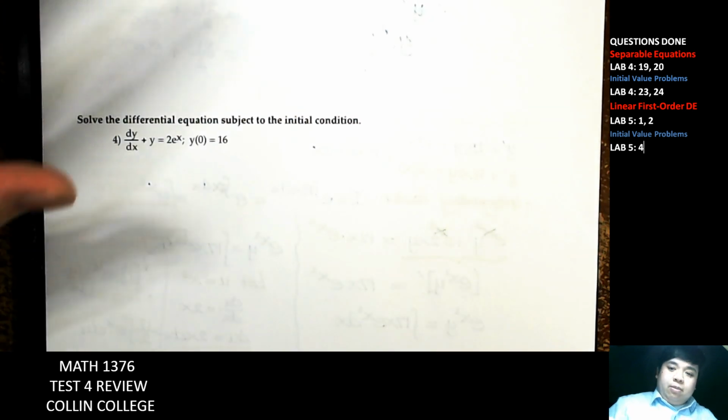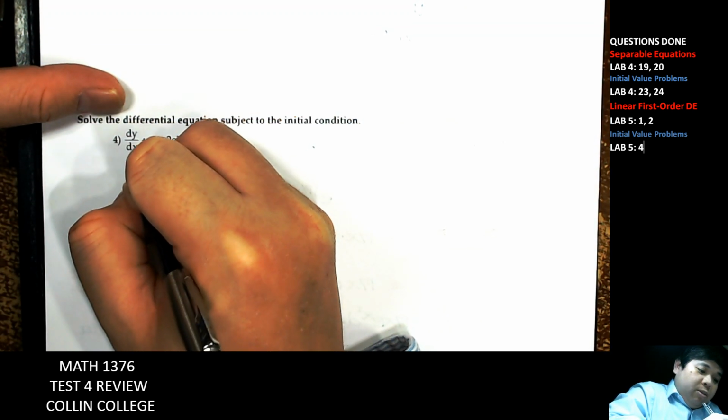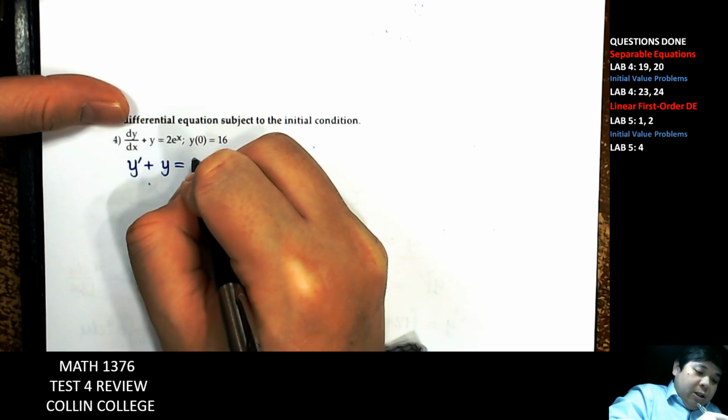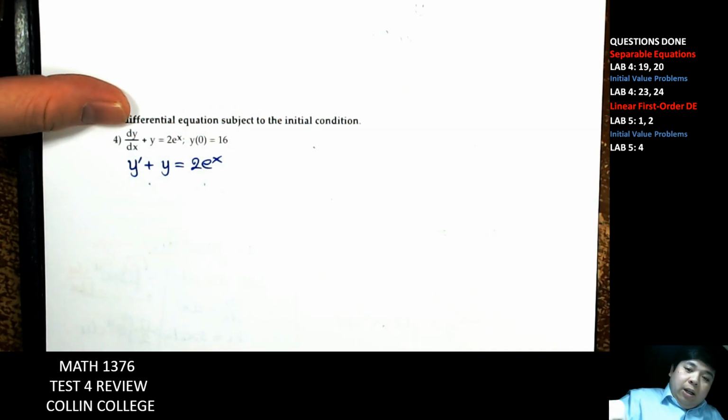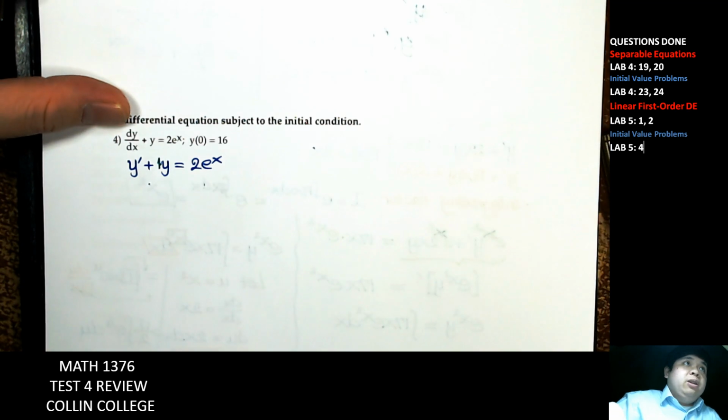Right, 4. If we rewrite this equation in the standard form, actually it is already in the standard form. We just have the constant 1 as a coefficient.